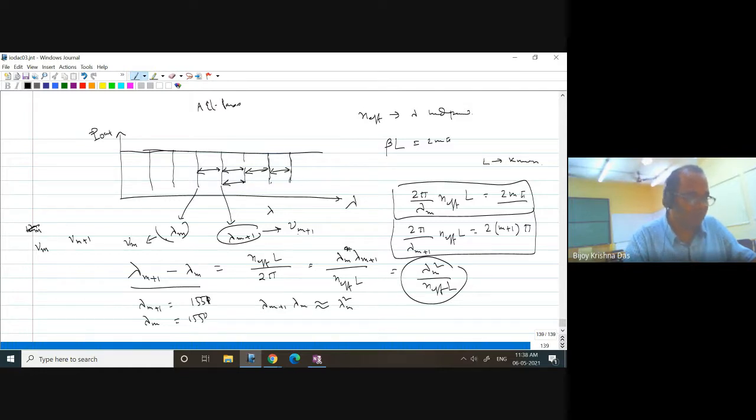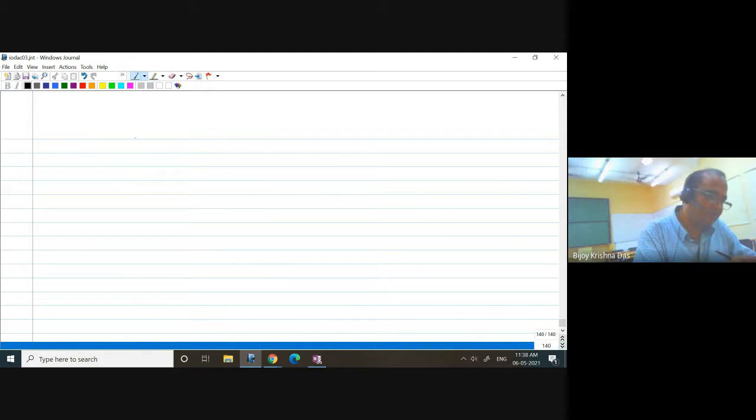You know they are inversely proportional; this expression is equal to nu lambda. So higher lambda means lower frequency. So obviously nu m is greater than nu m plus 1. Now if I ask you to calculate nu m minus nu m plus 1, what would be the expression for that? Nu m is now larger.